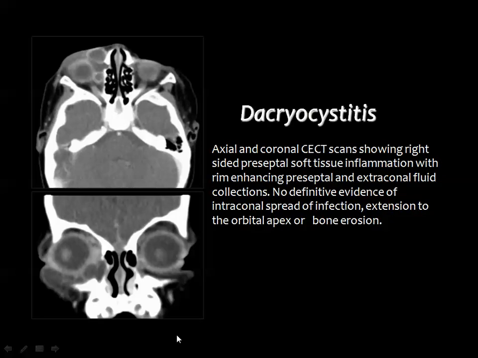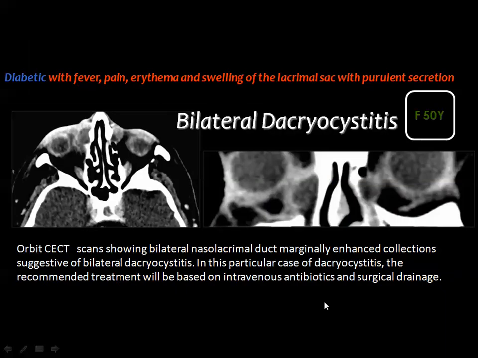This is dacryocystitis, classic location, classic appearance. You see a multilocular, marginally enhanced lesion along the inner wall of the orbit, medial to the globe, at the characteristic anatomic site of the nasolacrimal duct.